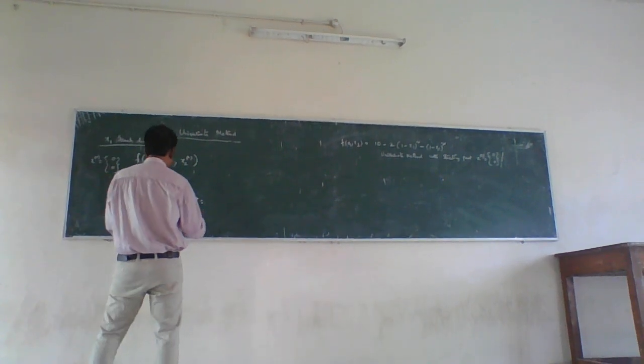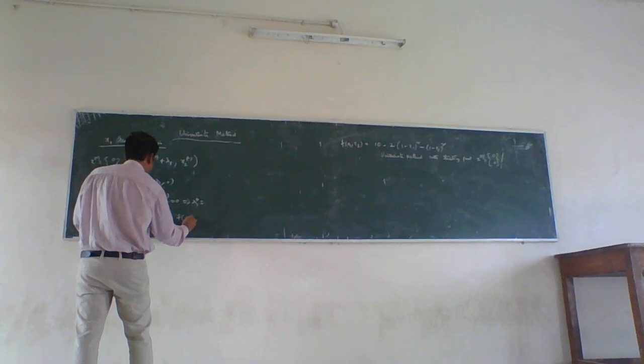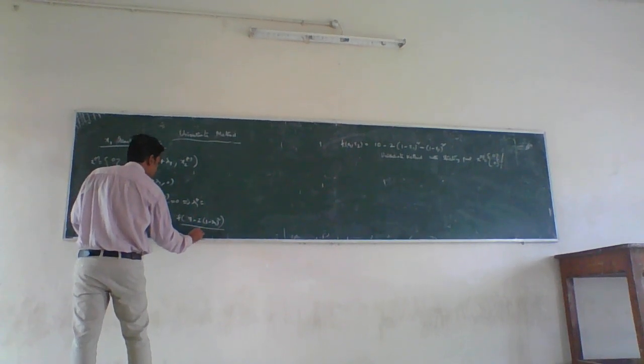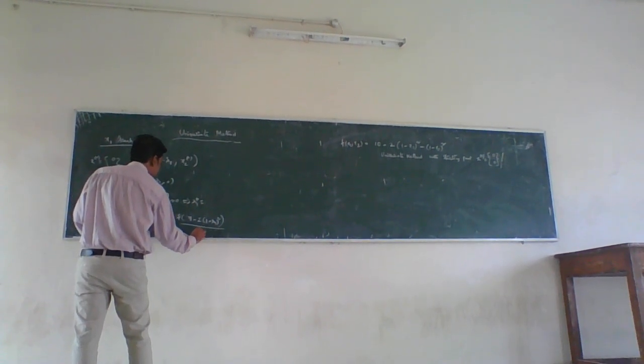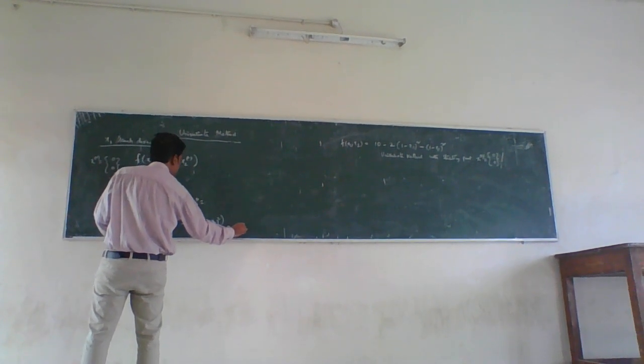Maybe you will get the equation as f of 9 minus 2 into (1 minus lambda 1) whole square. This you will get; you differentiate with respect to lambda 1, d by d lambda 1, equal to 0.